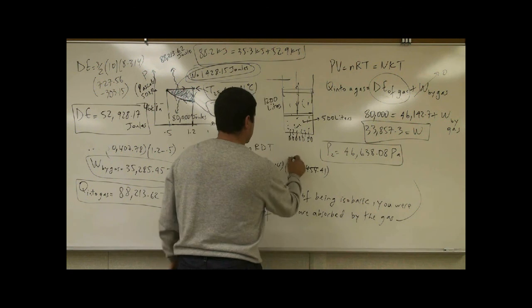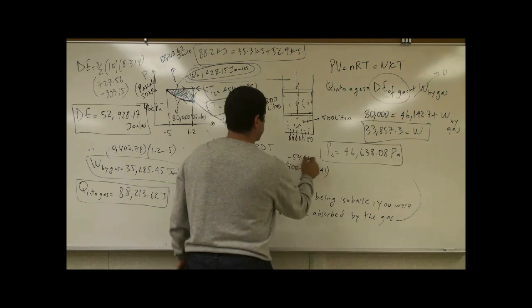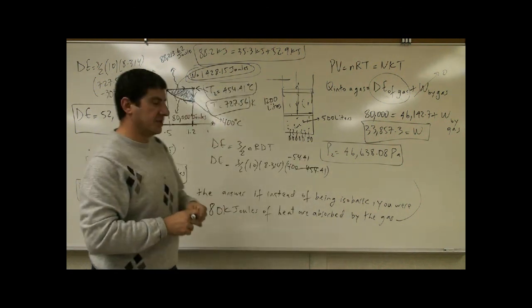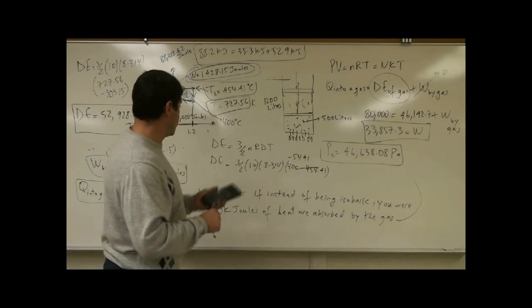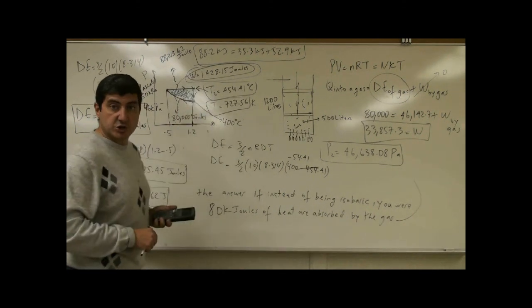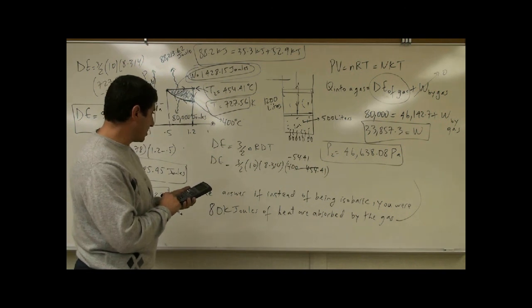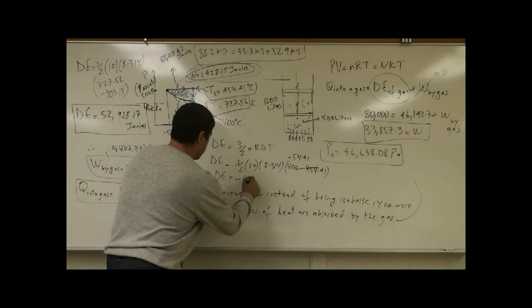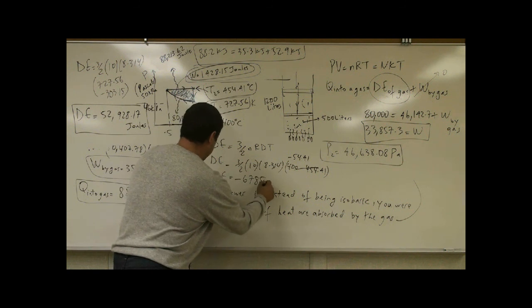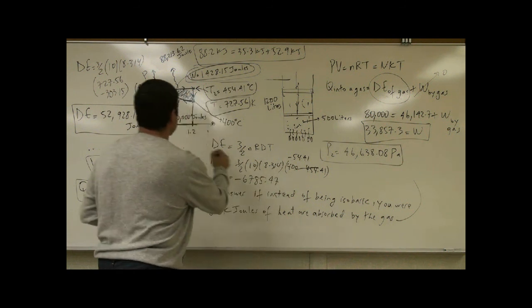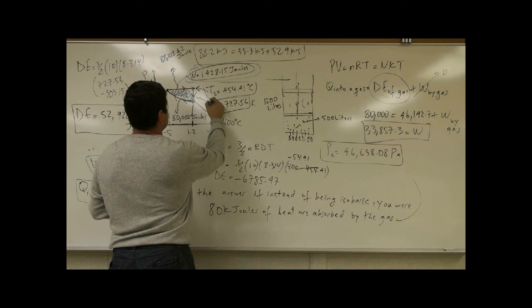Well, this one's going to be negative 54.41 Celsius, right? So you're actually cooling down. What is going to be the change in internal energy of the isovolumic process? So you have 1.5 times 10. So negative 6,785.47 joules. So we could put that here.